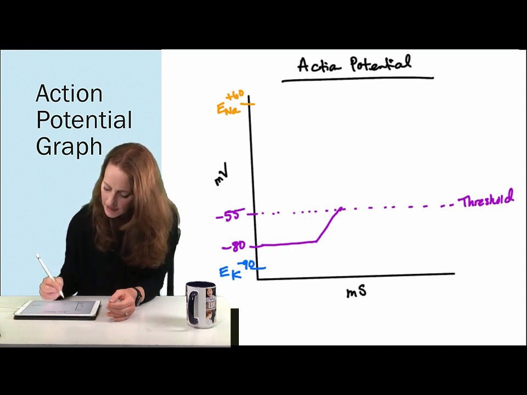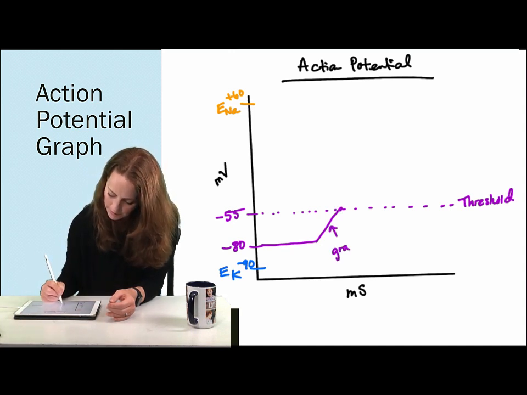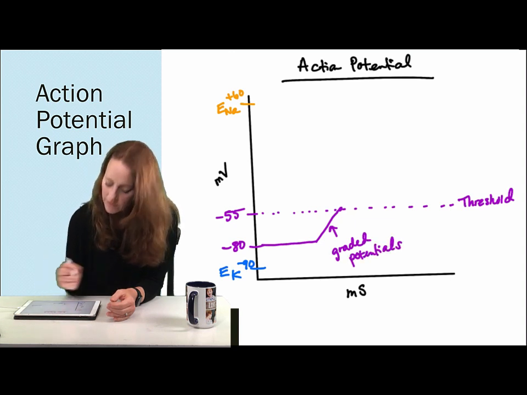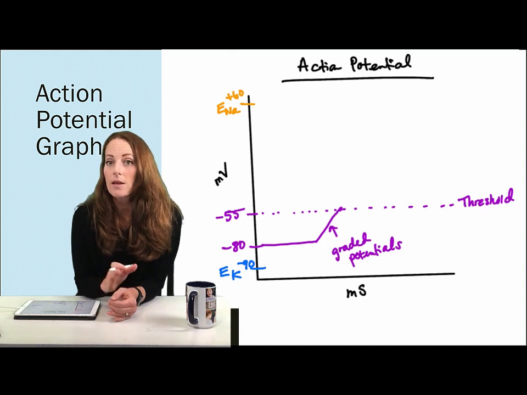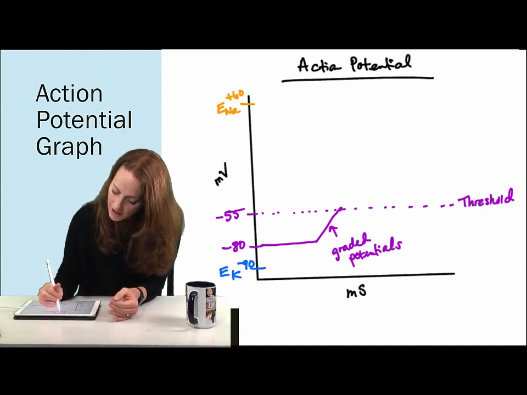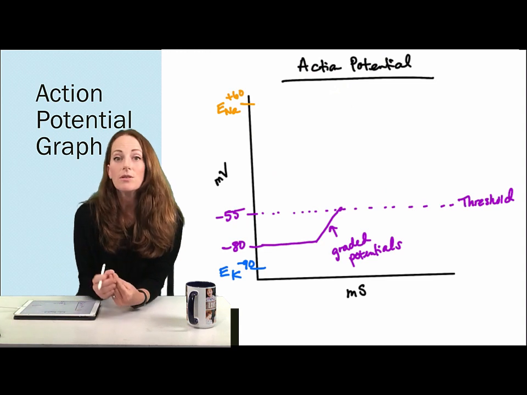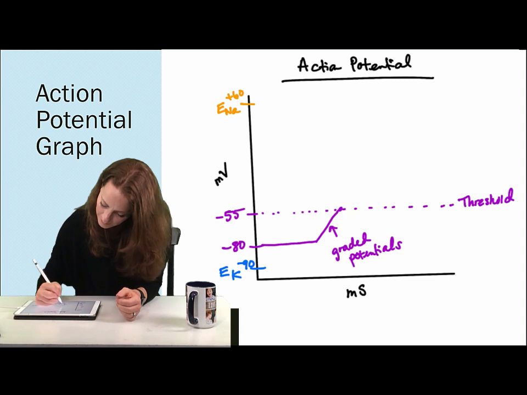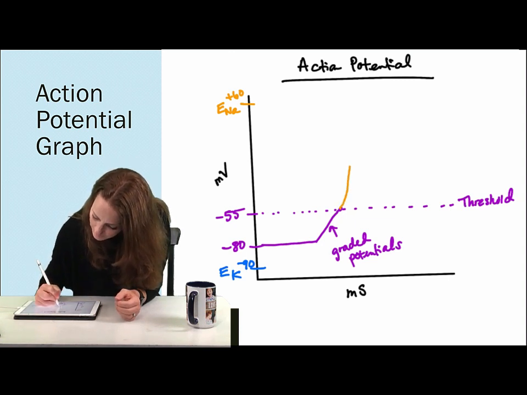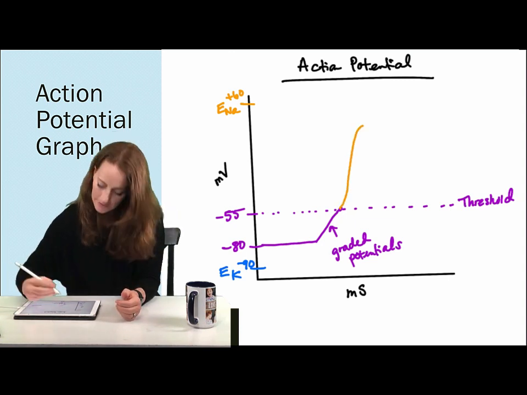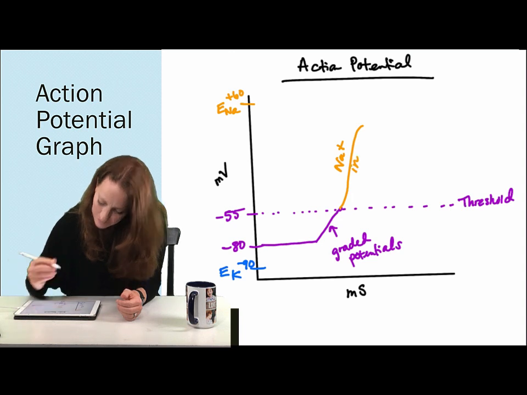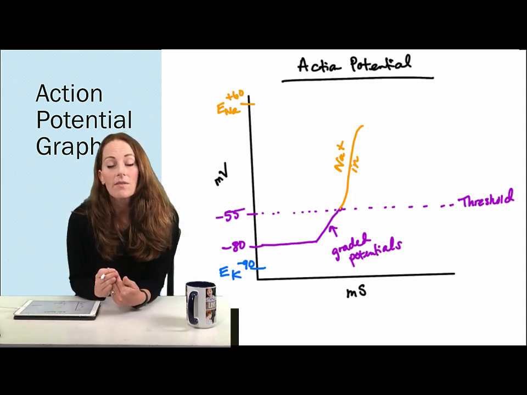If we get enough graded potentials to add up to threshold, the voltage-gated sodium channels will open, and the membrane potential is going to be driven towards the equilibrium potential for sodium. Those channels are very fast, and they're depolarizing. So this is going to be sodium entering the cell and depolarizing the membrane.